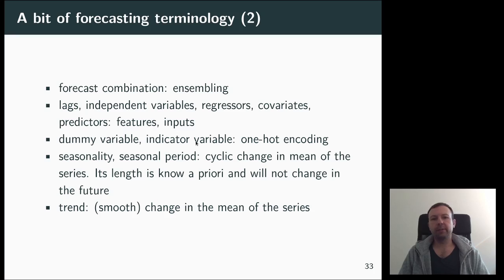Dummy variables, indicator variables, that would usually be called one-hot encoding in machine learning. Seasonality, seasonal period, that's a cyclic change in the mean of the series. The assumption is usually that its length is known a priori and it will not change in the future. And the trend, again, is a smooth change in the mean of the series.